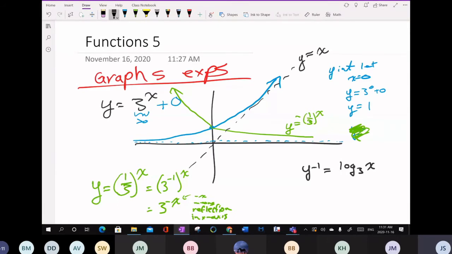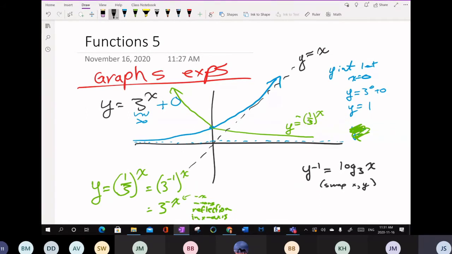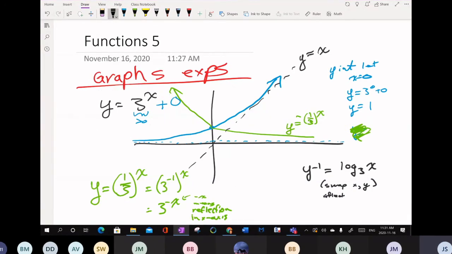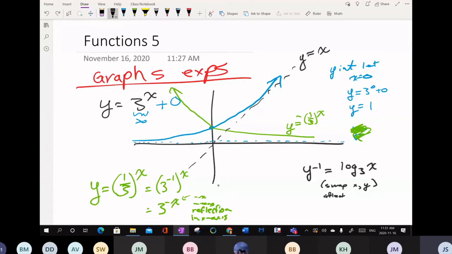All we literally did was swap the x's and y's. So we actually reflect everything for our graph of y is equal to 3 to the x in the y equals x line. So my graph looks a lot like this.